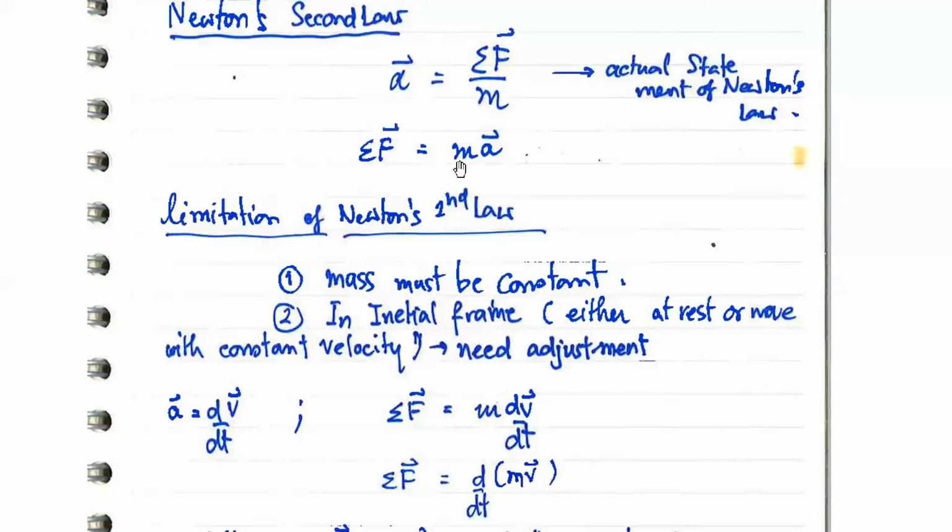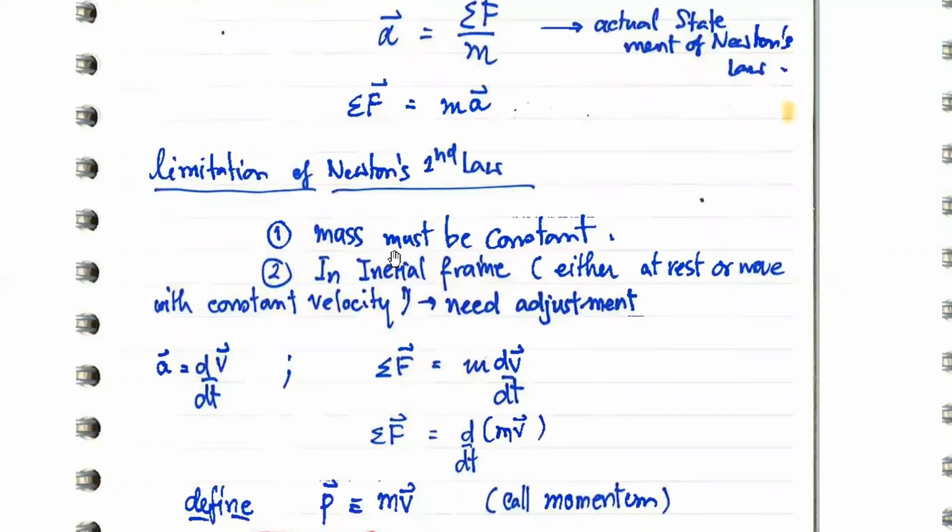We don't have anything related to the changing of mass. And this equation will work only in an inertial frame, or a frame that is moving with constant velocity, that we call an inertial frame.